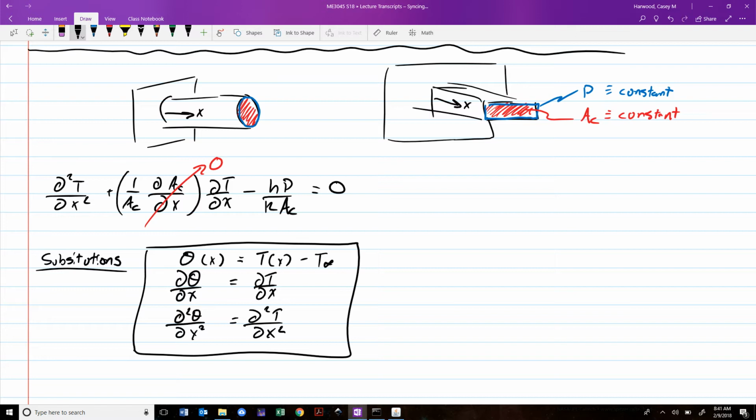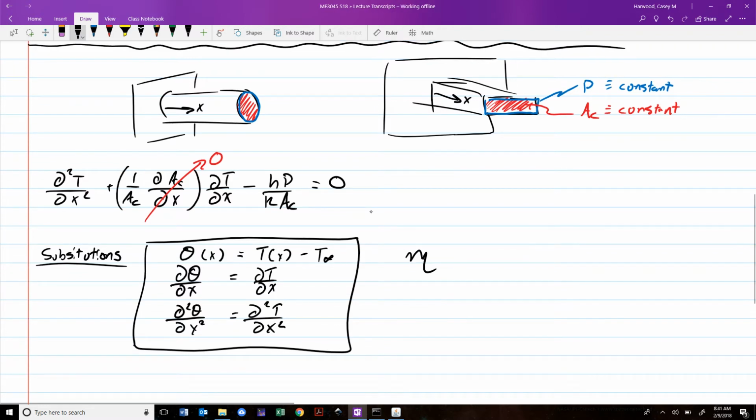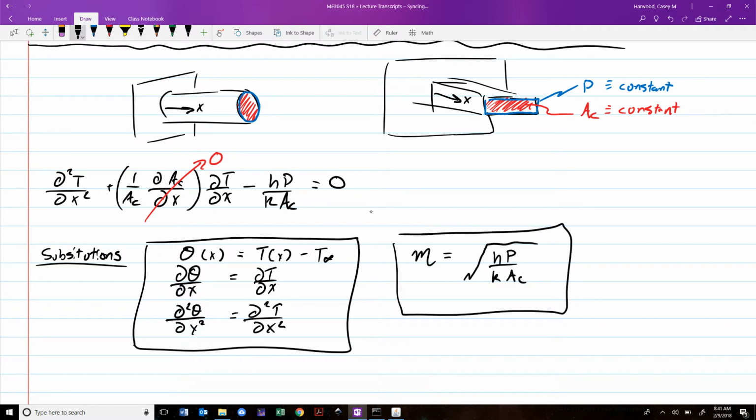Substitution number 2 is just going to be consolidating this term right here. We're going to define this variable. I want to make this distinct from the m I use for meters, so we'll call this m, but we'll give it a script m. This is equal to the square root of hP over kA_c. So there's substitution number 2.